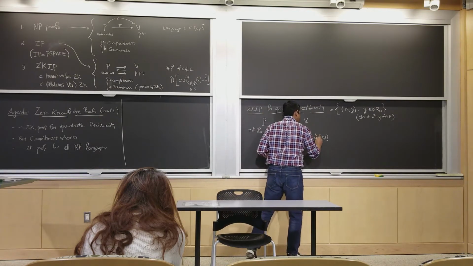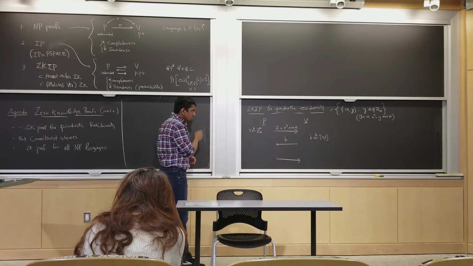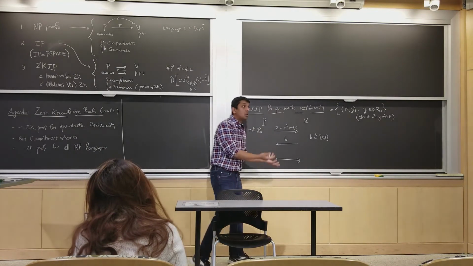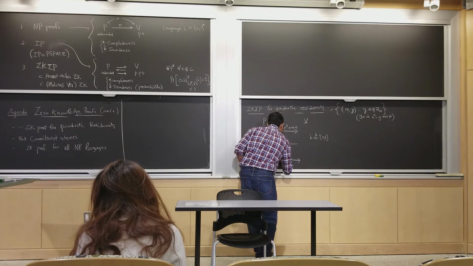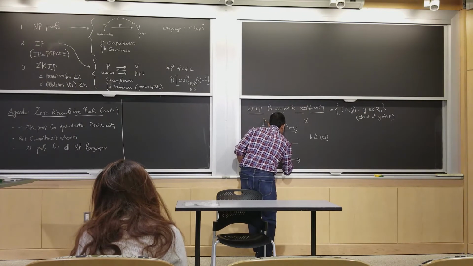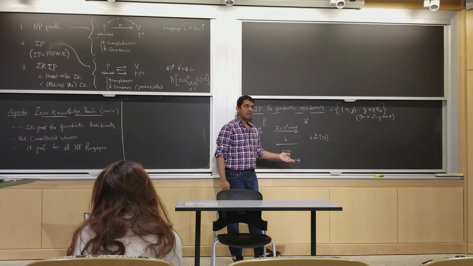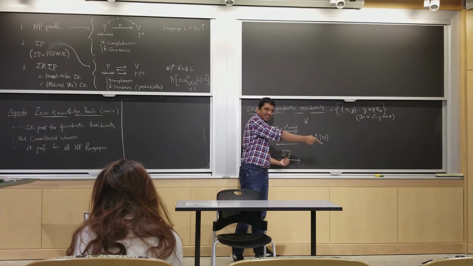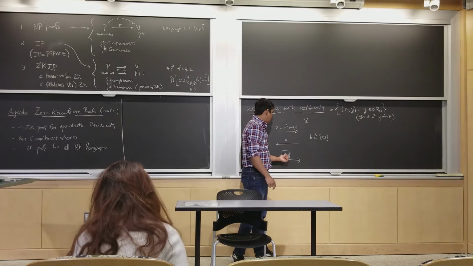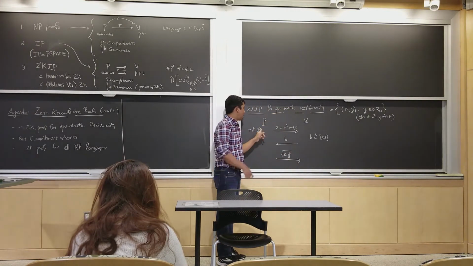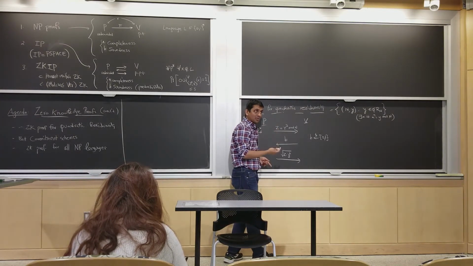And the prover is supposed to release the square root of z times y to the b. In other words, if b is 0, the square root of z, which is just r. If b is 1, the square root of z times y, which is r times the square root of y. So the prover actually has to know the square root.